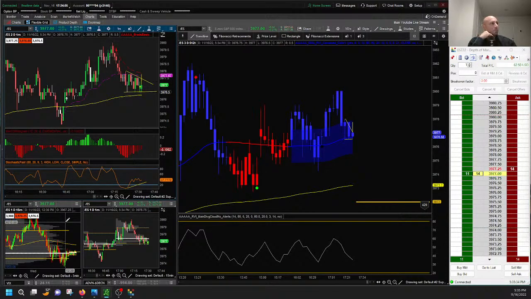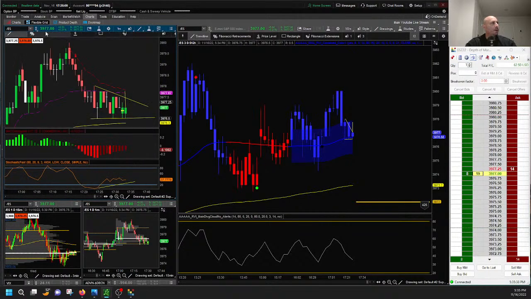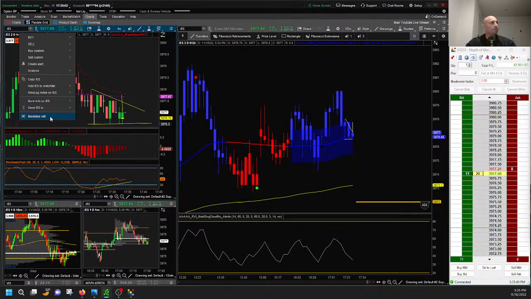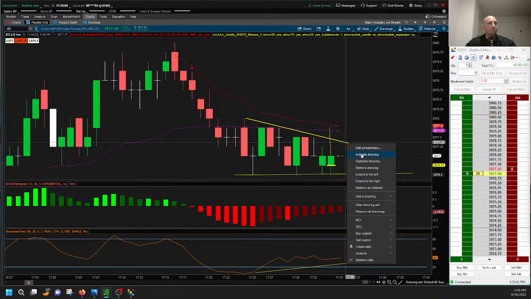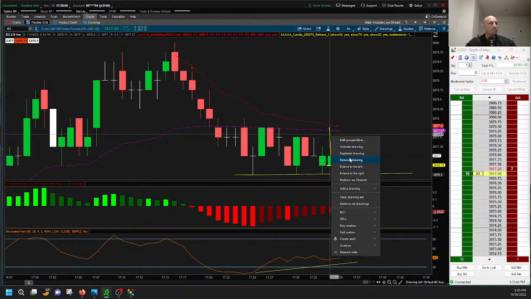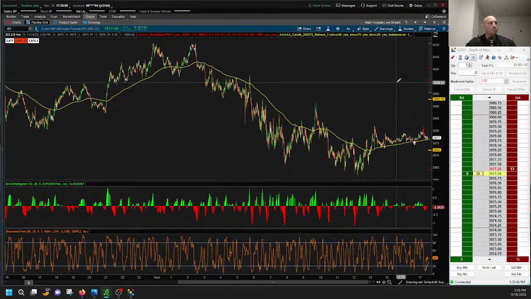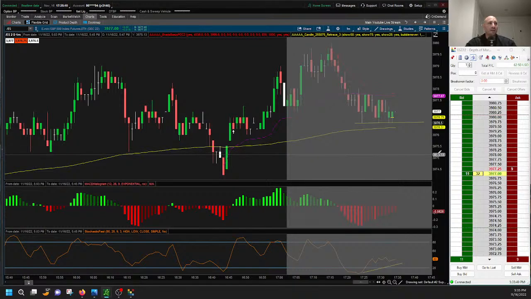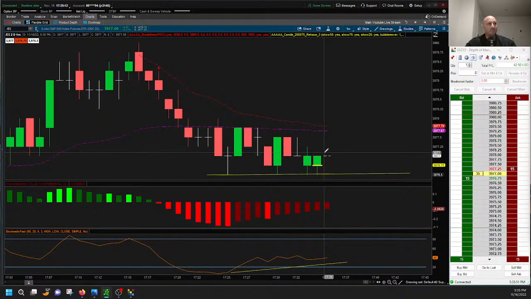Quadruple bottom. Now watch this guy. Now, again, you want to try a long on the break above, right there. Stop goes right below.